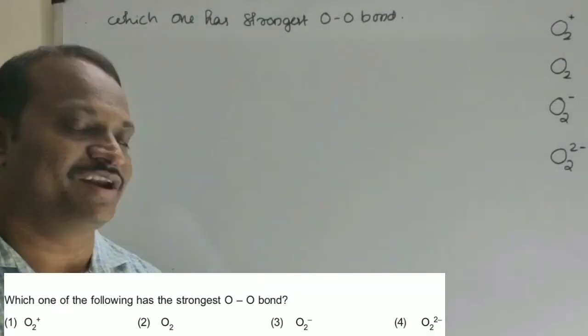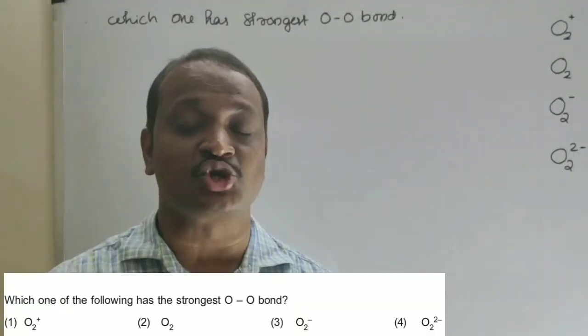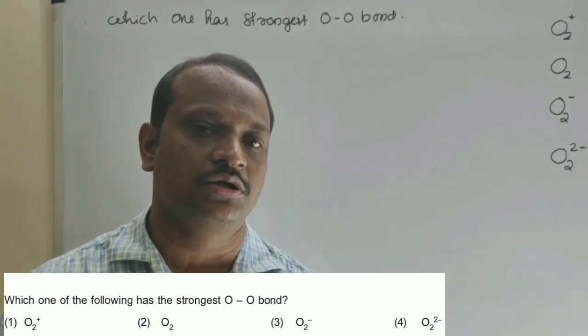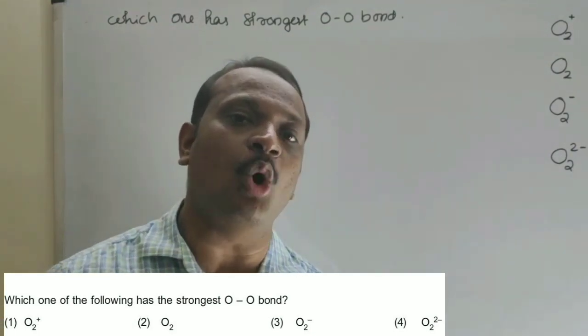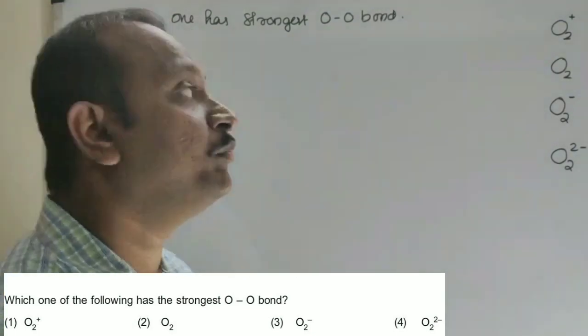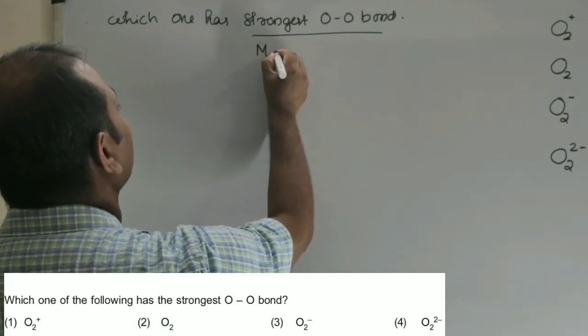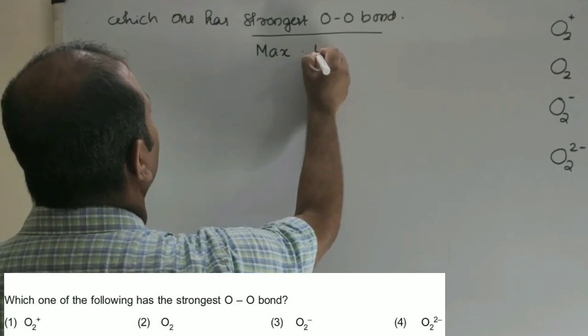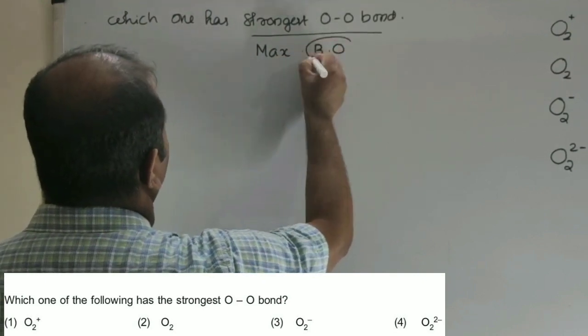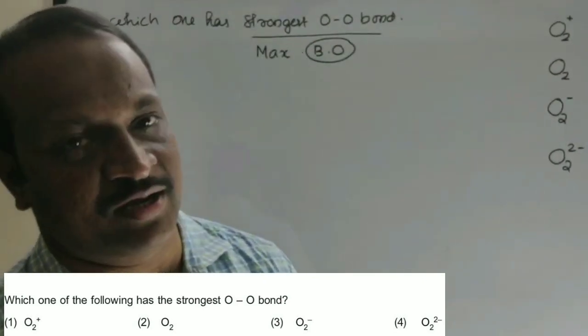In this particular question, which one has the strongest O–O bond? Strongest O–O bond means maximum bond order. All of you please try to understand.